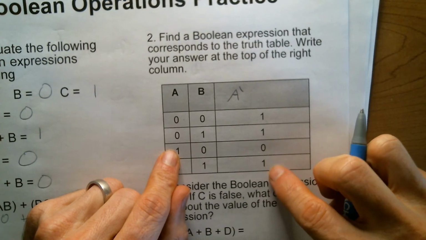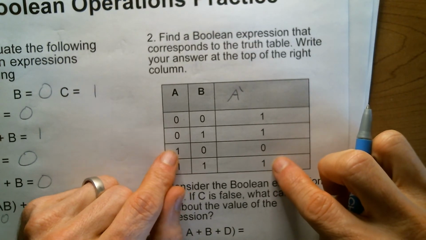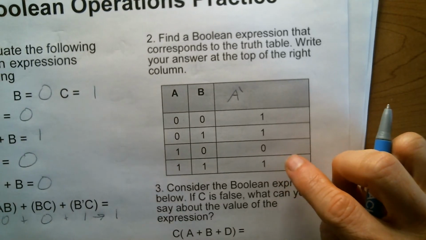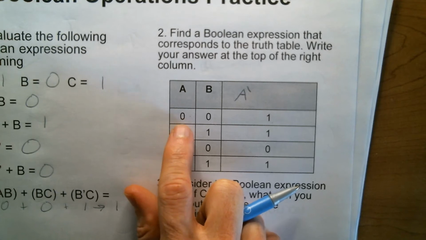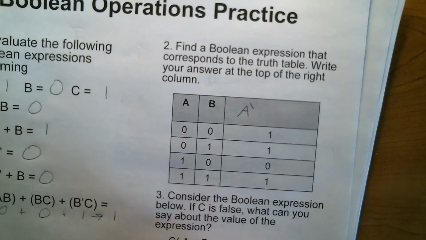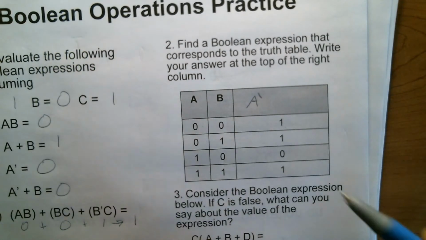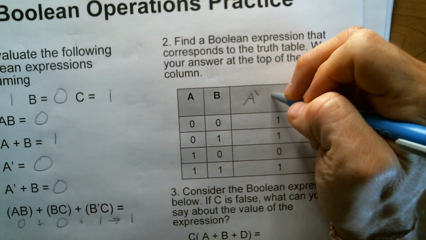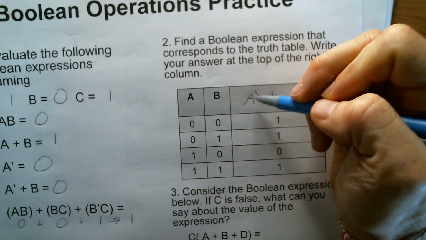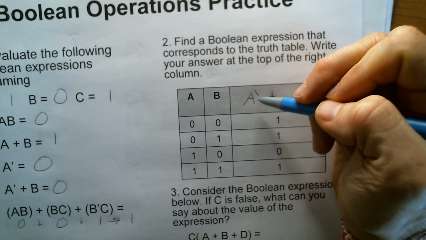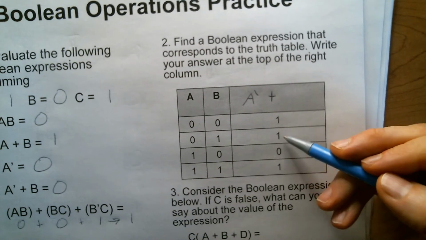So we're getting close, but we're not quite there yet. But I know that A naught's a good start because if both of these get flipped around, they'll be true, which is what I want. Now, if this part is good, I can OR this with something, because that way, when this is true, I know the whole thing is going to be true. So it takes care of these two up here.